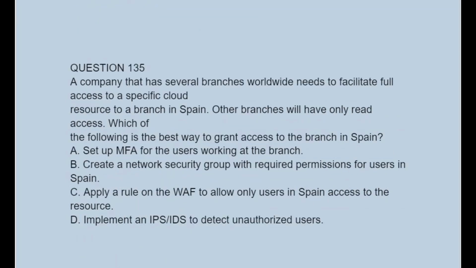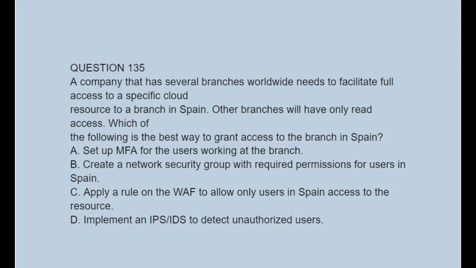Question is, a company that has several branches worldwide needs to facilitate full access to a specific cloud resource to a branch in Spain. Other branches will have only read access. Which of the following is the best way to grant access to the branch in Spain? Option A. Set up MFA for the users working at the branch.